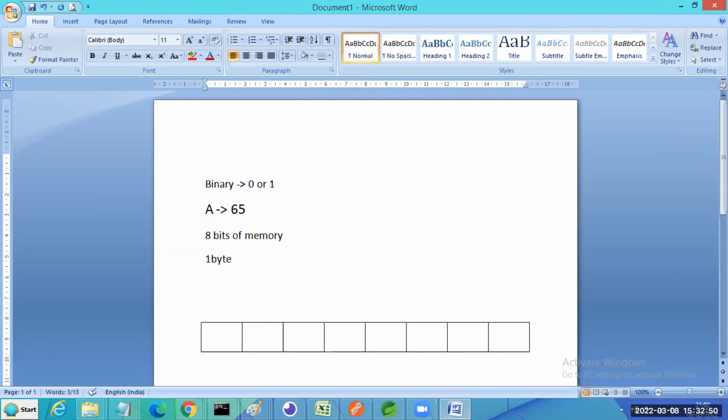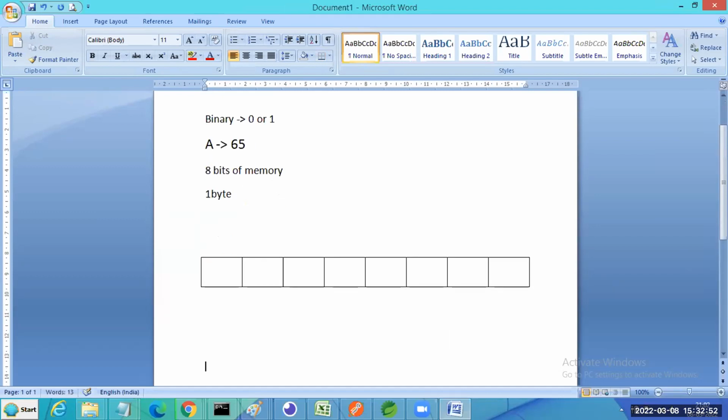So what we have to do is, I hope in your binary number system you have learned this algorithm. These indexes are given numbers, right? All these memory blocks are given numbers like this: 7, 6, 5, 4, 3, 2, 1, and 0. Have you studied this binary number system in your colleges?